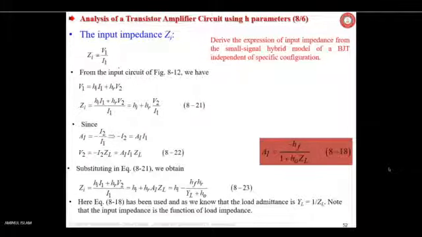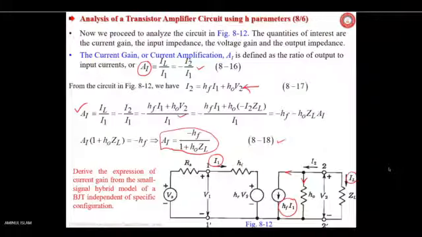Now ZI, input resistance or impedance. Here we are considering only resistance because RS we have taken. So ZI equals V1 divided by I1. And from the input circuit, we see what V1 is. Input circuit, we have to go back.